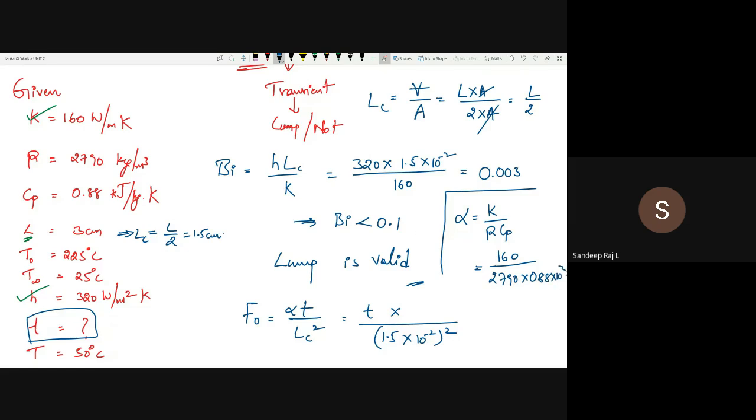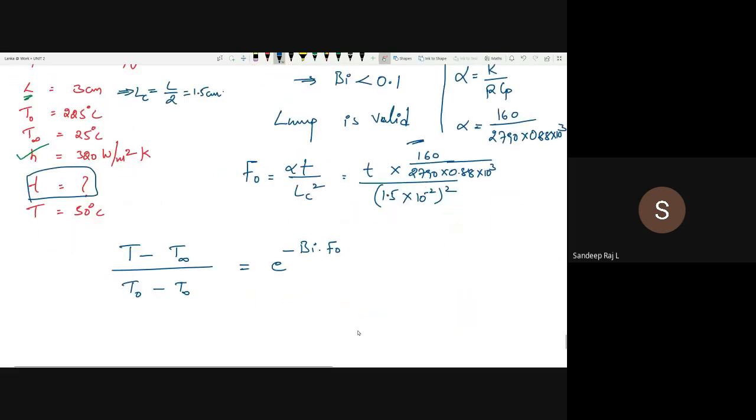So multiply it with 10 cube here. Then you will have an alpha value with you, which you can substitute here. I'm writing the same thing here: 160 by 2790 into 0.88 into 10 cube. So somebody tell me what is Fourier equal to?